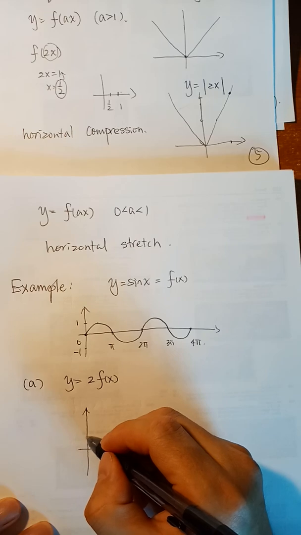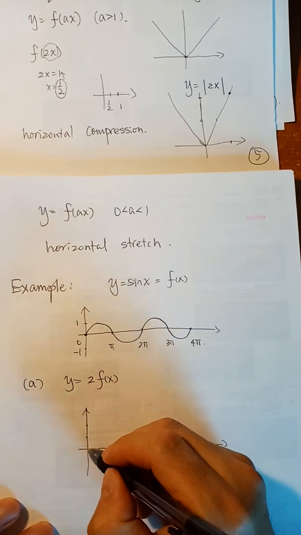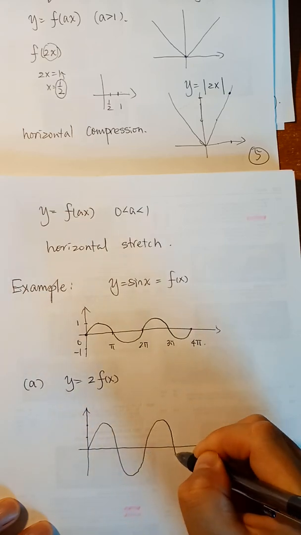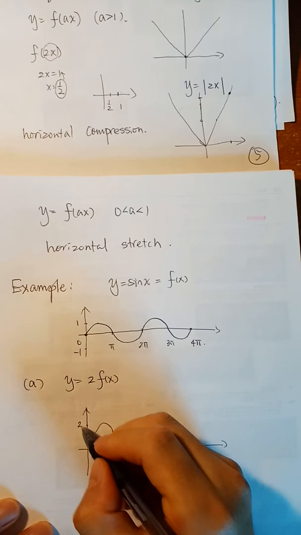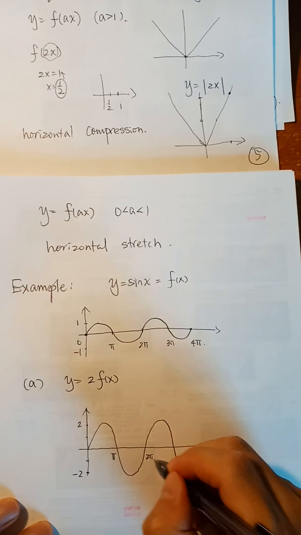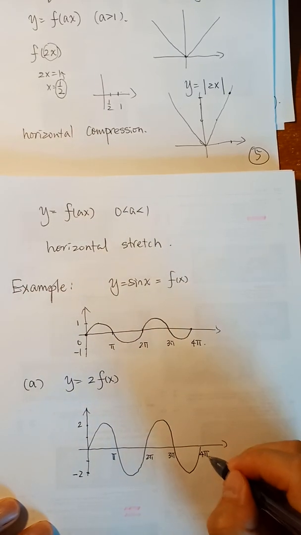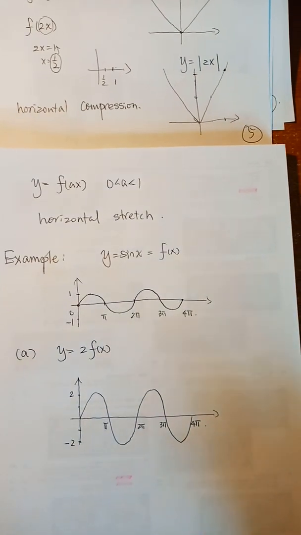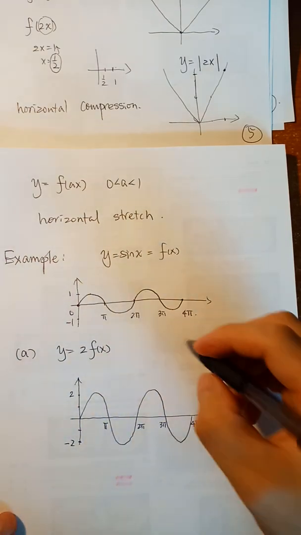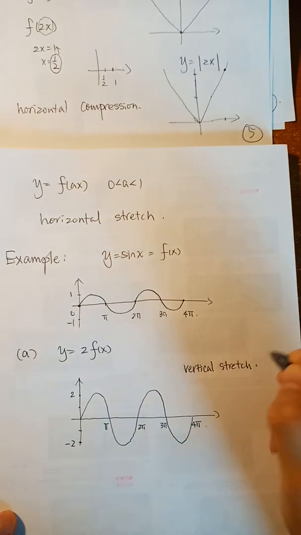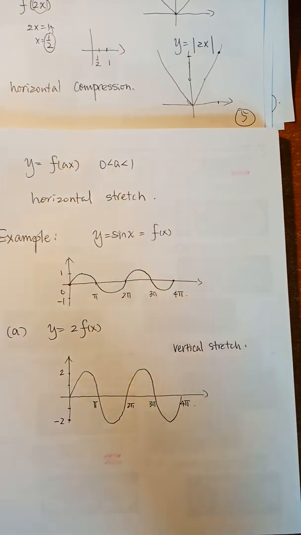And originally it's 1, now it's 2, and negative 1 becomes negative 2. So this is the vertical stretch.